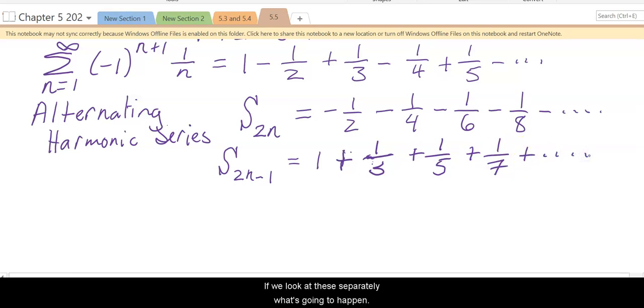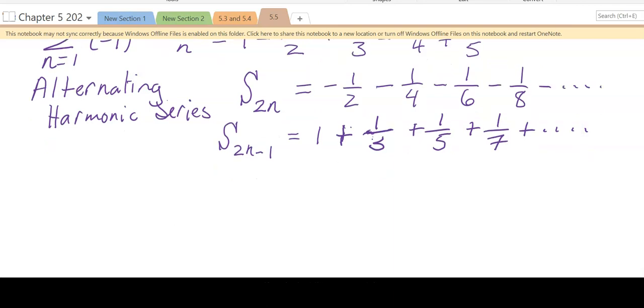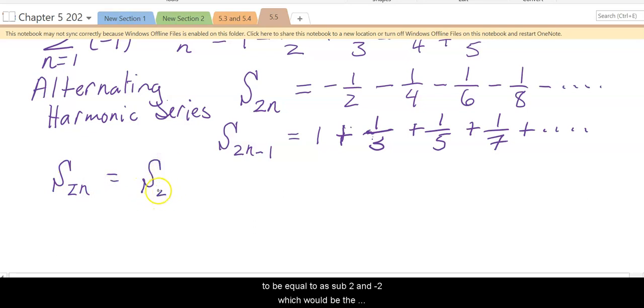If we look at these separately, what's going to happen? Let's start by comparing two partial sums in the even partial sums, S sub 2n. I could write S sub 2n has to be equal to S sub 2n minus 2, which would be the previous even partial sum.